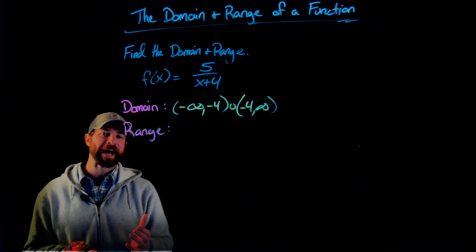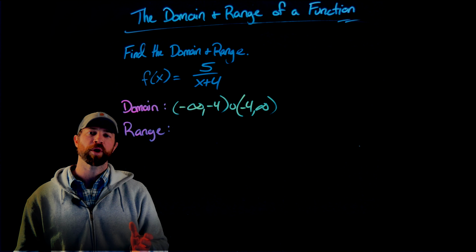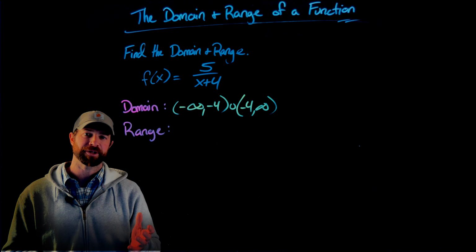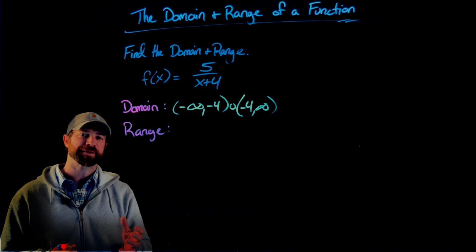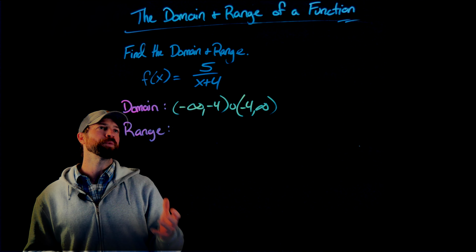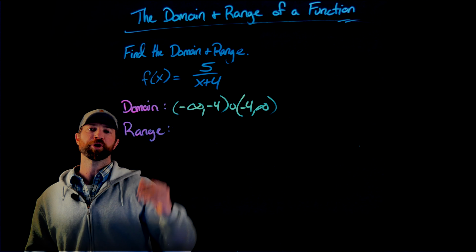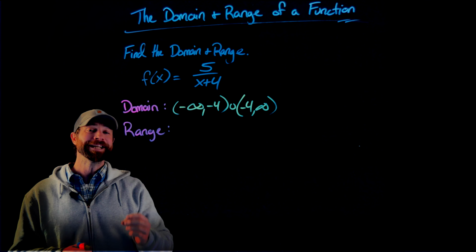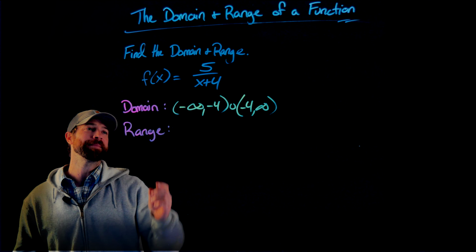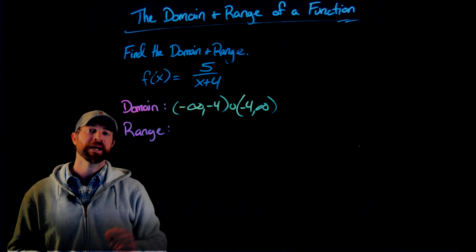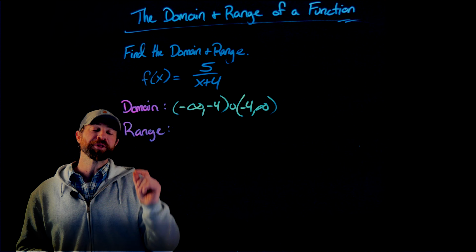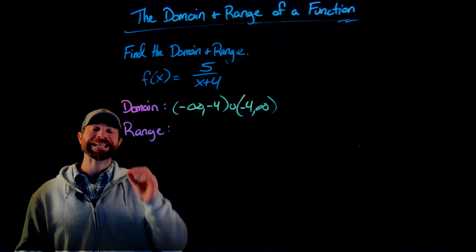Before we look at the graphical representation of this function, I want to mathematically argue the range. The range, again, are the possible values that are output by this function. Again, you may be thinking, well, what values could I not output by this function? In fact, nearly every single number you can manufacture an output by plugging in certain values of x. The only value this will not output is 0.